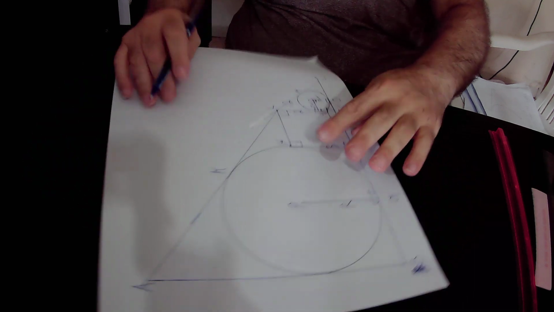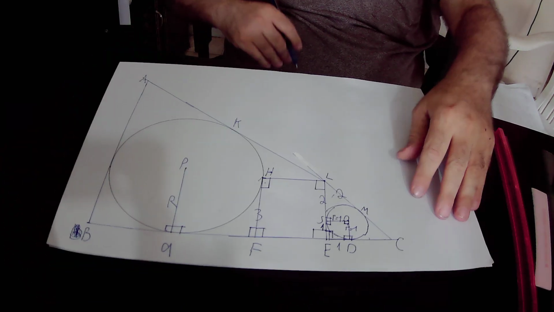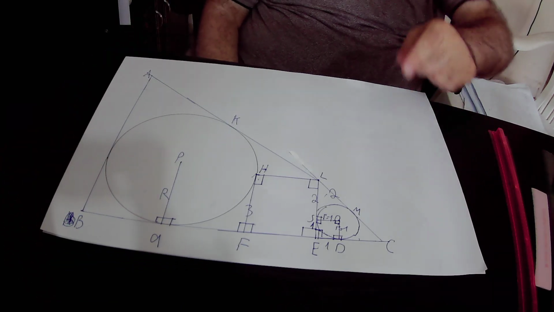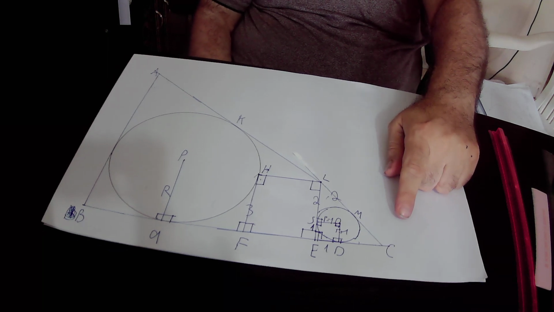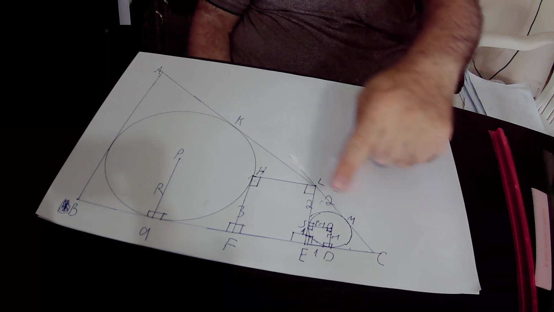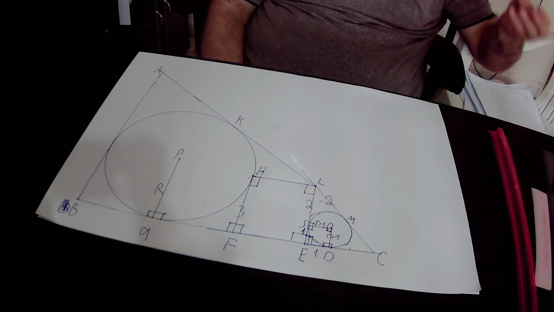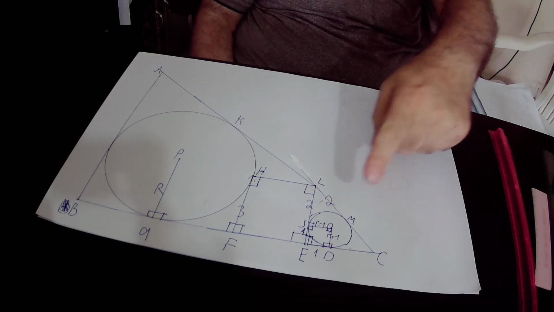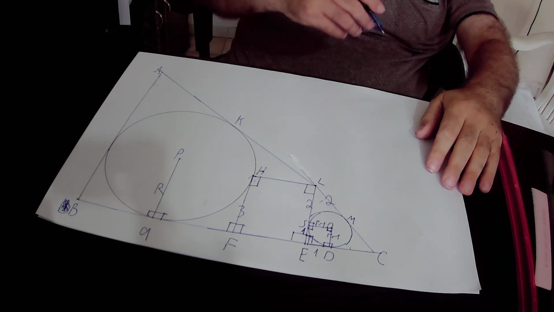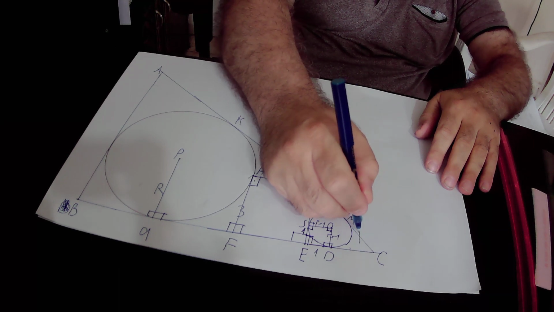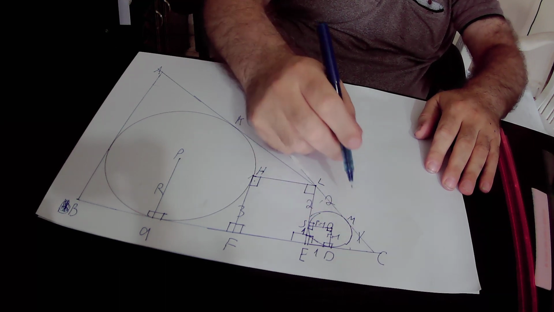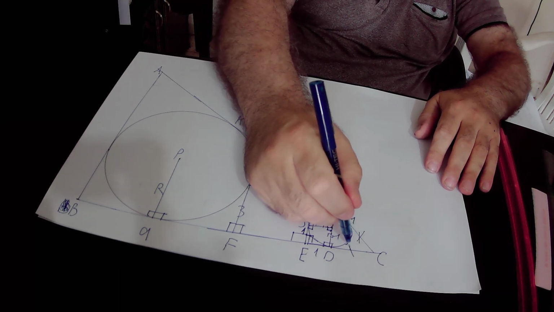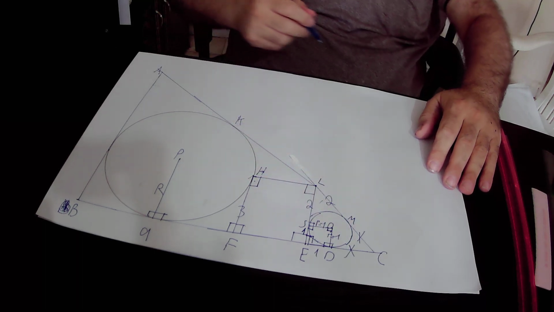Likewise, we will focus on the common external point C. For C, we have two tangents to the small circle, tangent CD and tangent CM, and according to rule number 2, they are equal to each other. That is to say, CM equals CD. So if CM equals x, then CD must also be equal to x.